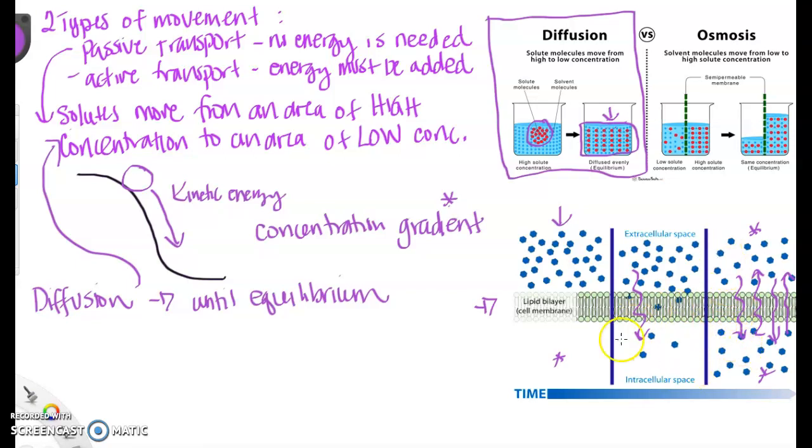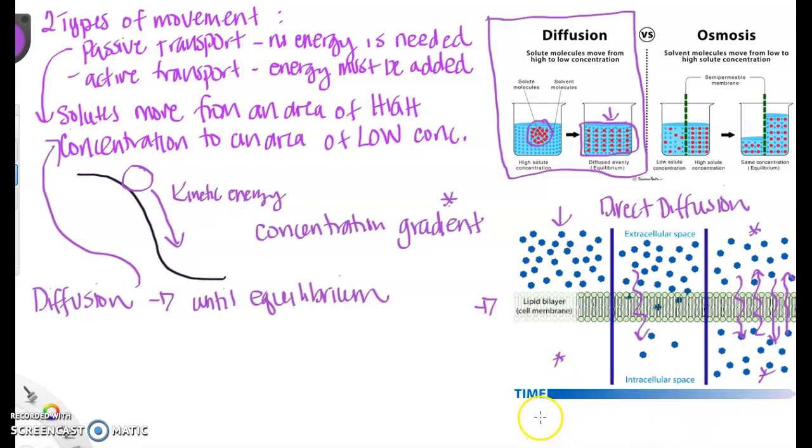All right, diffusion can occur directly. This is direct diffusion. How is it direct diffusion? Because the particles are going right through the membrane into the intracellular space. Okay, that is direct diffusion. Who can do direct diffusion?